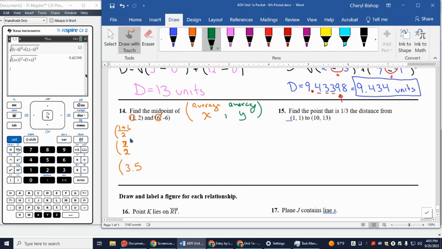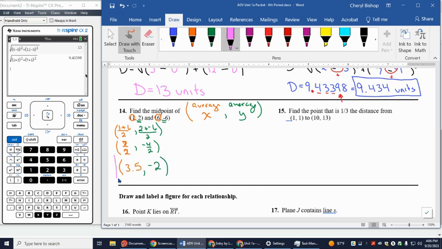Okay? All right, then we're going to average the y's. So my 2 y values are 2 and negative 6. So I'm going to add them together, 2 plus a negative 6, and divide by 2. 2 plus negative 6 is negative 4 over 2, negative 2. Very good.